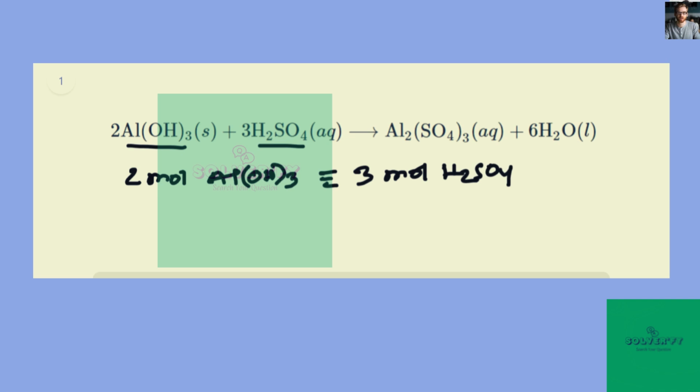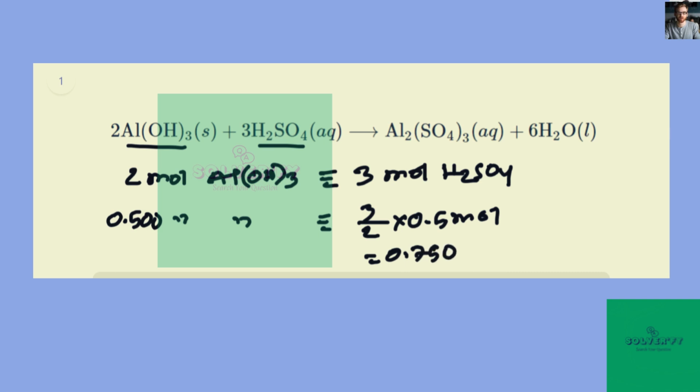That means 0.5 mole of Al(OH)3 will react with 3 by 2 times 0.5 mole, or equal to 0.750 mole H2SO4. That means if in a reaction mixture we have 0.5 mole Al(OH)3, we need 0.75 mole H2SO4.